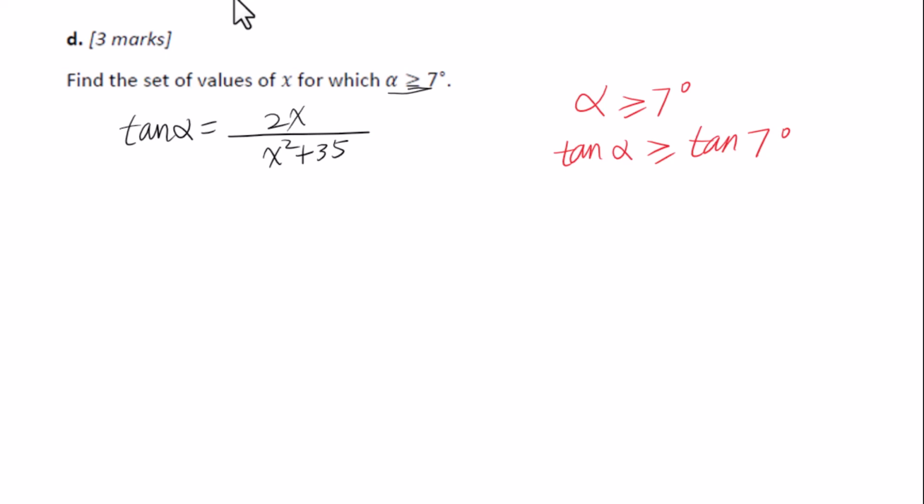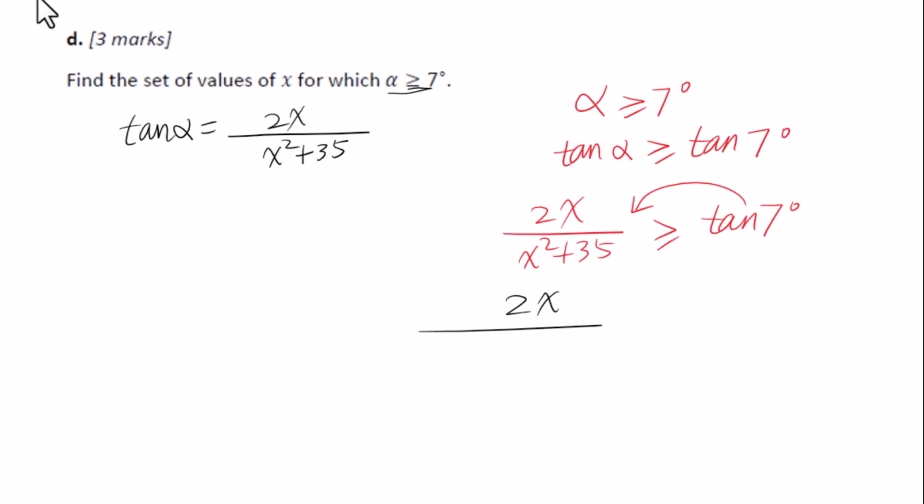So we have 2x over x squared plus 35 greater than or equal to tangent 7 degrees. To solve this inequality, we will get it into greater than or equal to 0 form. So 2x over x squared plus 35 minus tangent 7 degrees greater than or equal to 0.